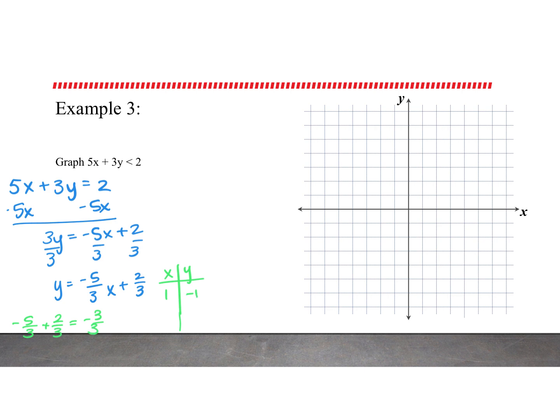This gives us a -1, so that gives us a nice, pretty number to graph with. I'm going to try a 2 and a 3. I'm going to get some weird decimals. Let's try a 4. That's going to result in a -20/3 plus 2/3. We get -18/3, which will reduce to -6. That'll give us at least 2 good points to get on our graph.